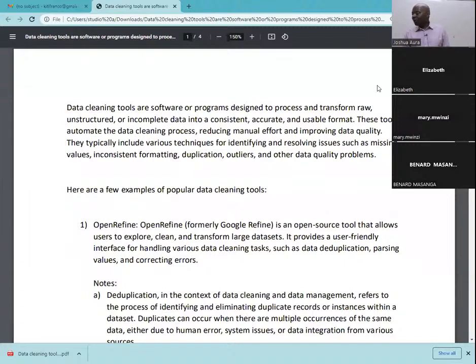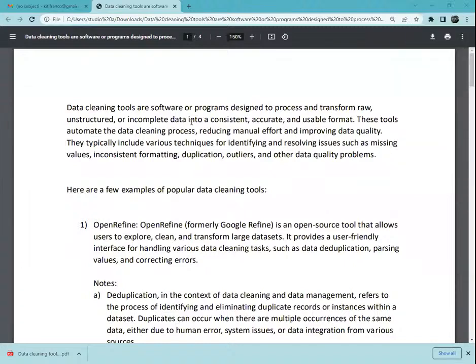We are being told that data cleaning tools are software or programs designed to process and transform raw data, which is unstructured or incomplete, into a consistent, accurate, and usable format. These tools automate the data cleaning process, reducing manual efforts.